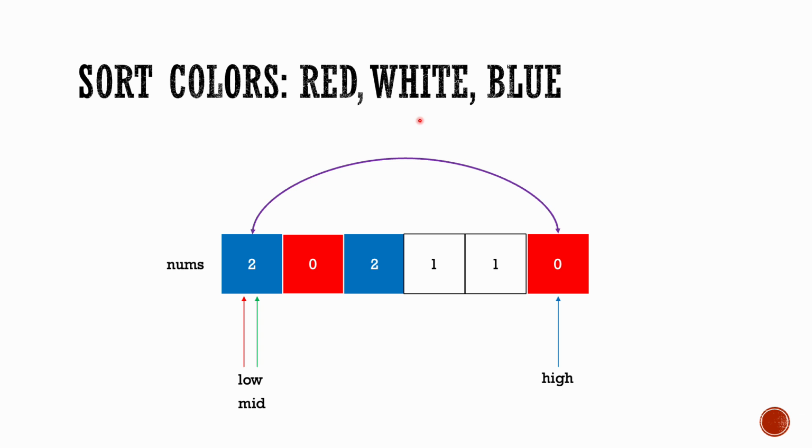So here you see we have three pointers: low, mid and high. High, as you see, we have initialized to the last element of the array. Low is, by intuition, the first element of the array, so it points to the 0th index.